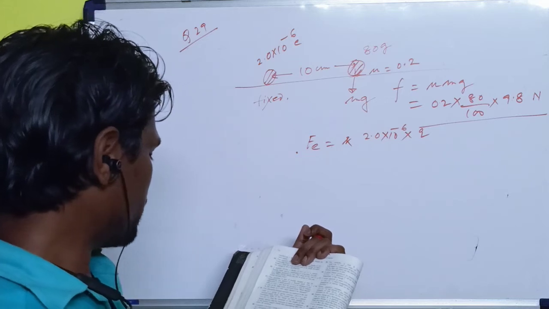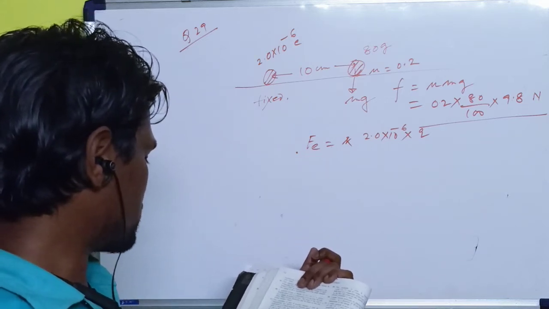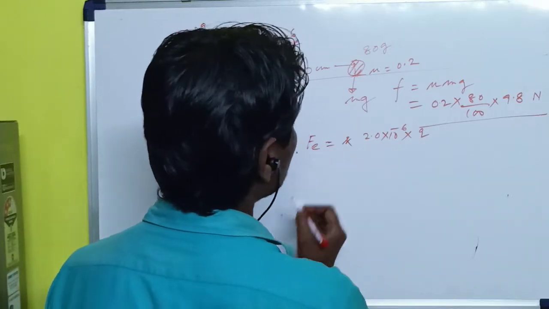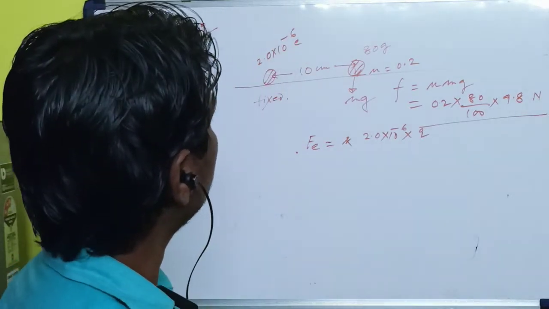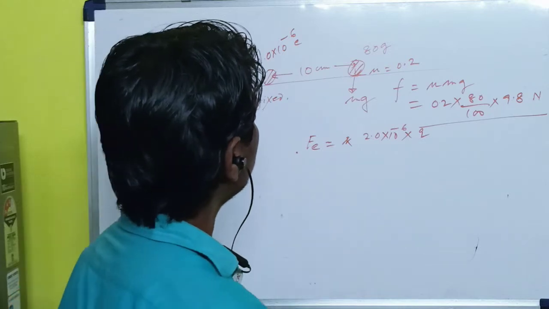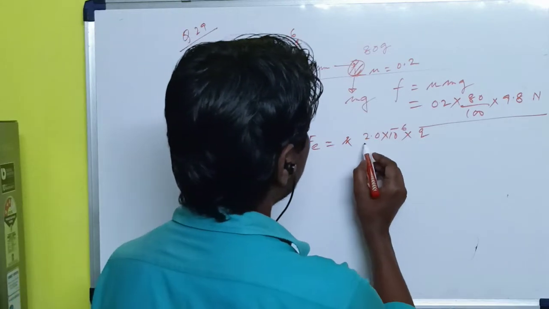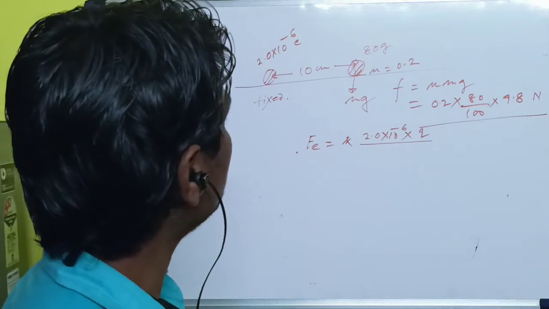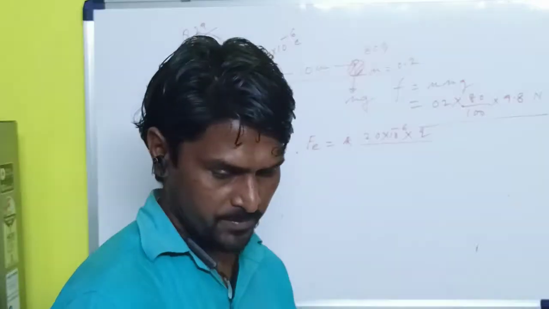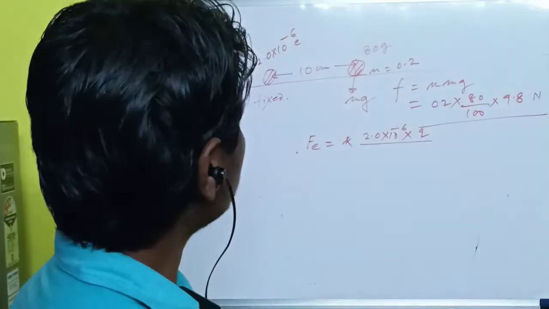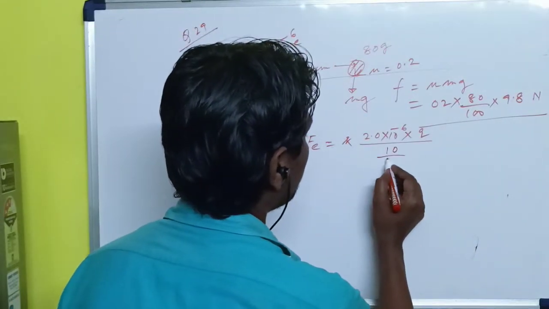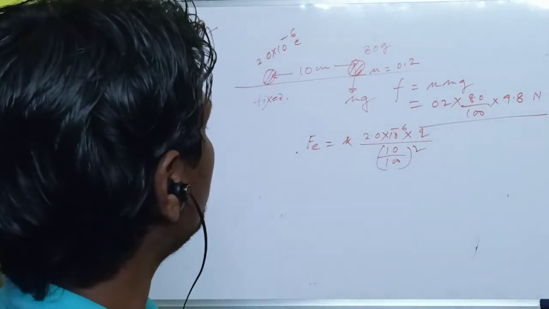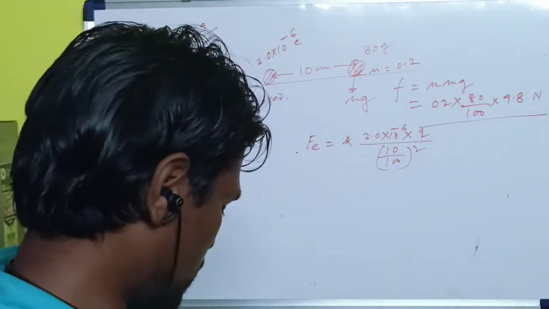So F equals K into this by distance square. This is the distance, 10 divided by 100, squared, and you can equate these two equations and get the value of Q.